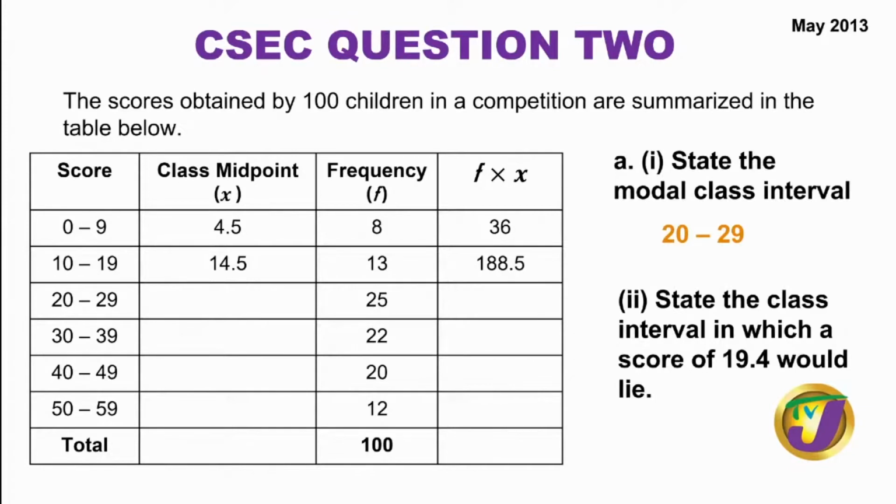So it is asking us in which of these class intervals a score of 19.4 would lie. Now I'm having a problem, Latoya, because when I look at the second class interval it says 10 to 19, and the third class interval says 20 to 29. So in my mind, I can't find where 19.4 would lie.